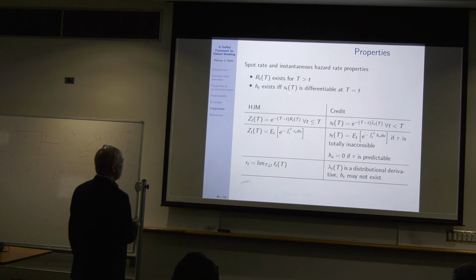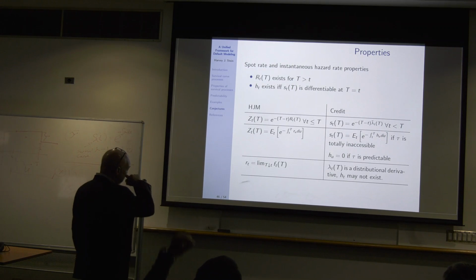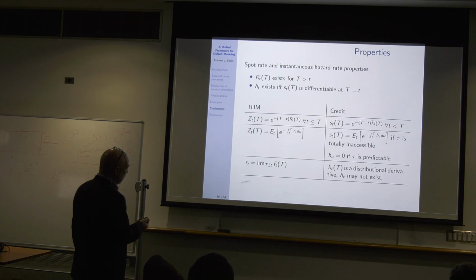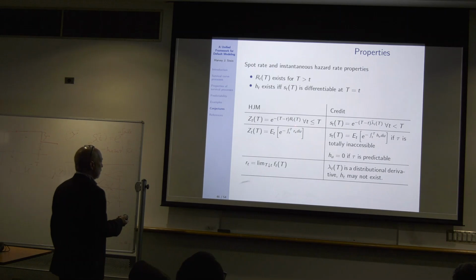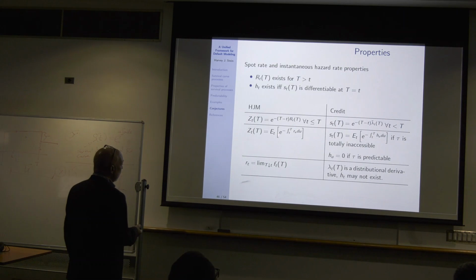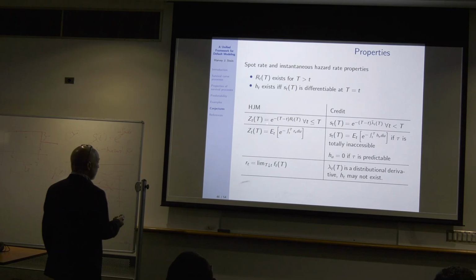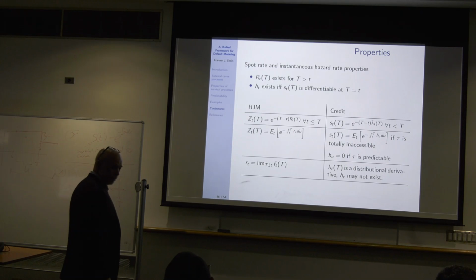Right, and H only exists if S_t of cap T is differentiable at the time when cap T equals little t. So now we have further correspondence between HJM and credit: the corresponding equations between lambda bar and S, corresponding to the rate and the zero coupon bond price. We also have in HJM, or in interest rate modeling in general, that the zero coupon bond price is the expected value of the integral of the short rate.